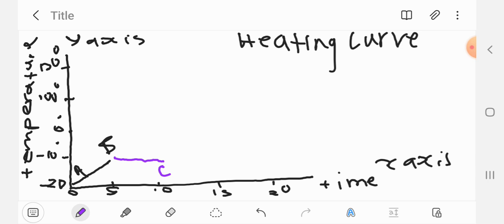So when melting, energy entering the system is now being used to overcome intermolecular forces. It is not being used to increase the kinetic energy, and the temperature becomes constant. So at B to C, now the ice is beginning to melt.